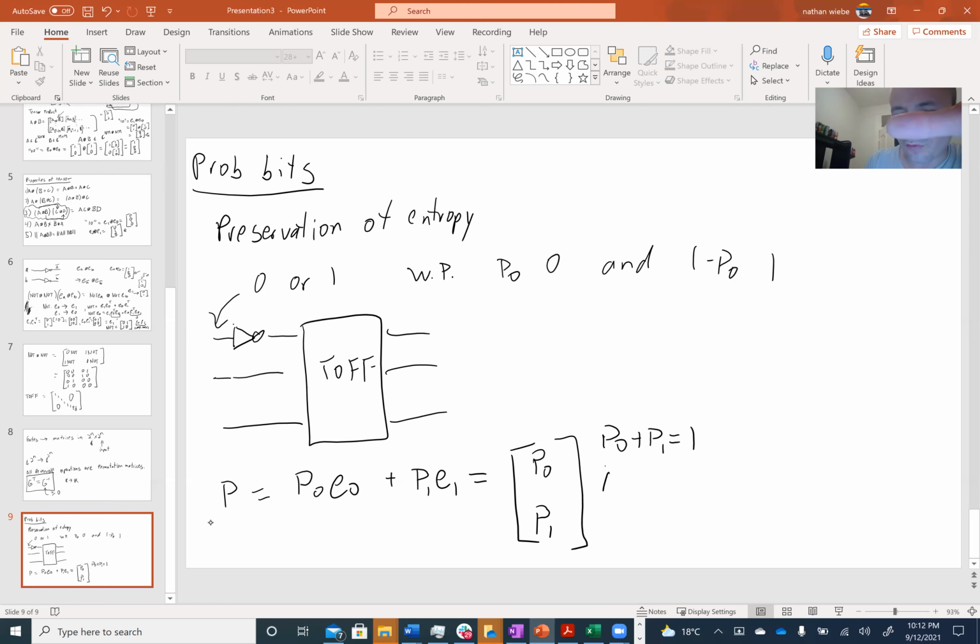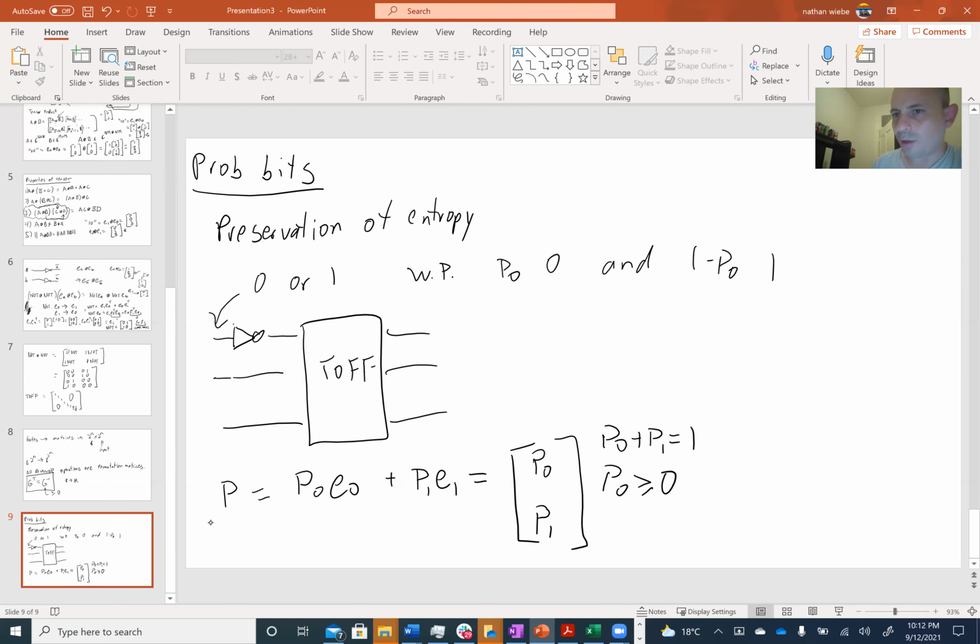And of course, all of these have to be greater than or equal to 0. But of course, why would you want to be looking at some crazy system where probabilities can be negative, right? So the basic idea behind this is that we have now, instead of individual basis vectors that we're manipulating, mixtures of them.